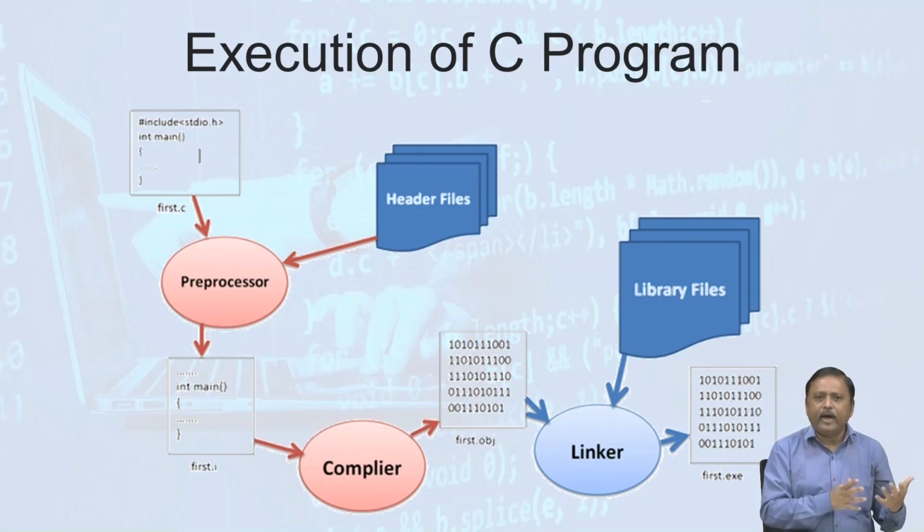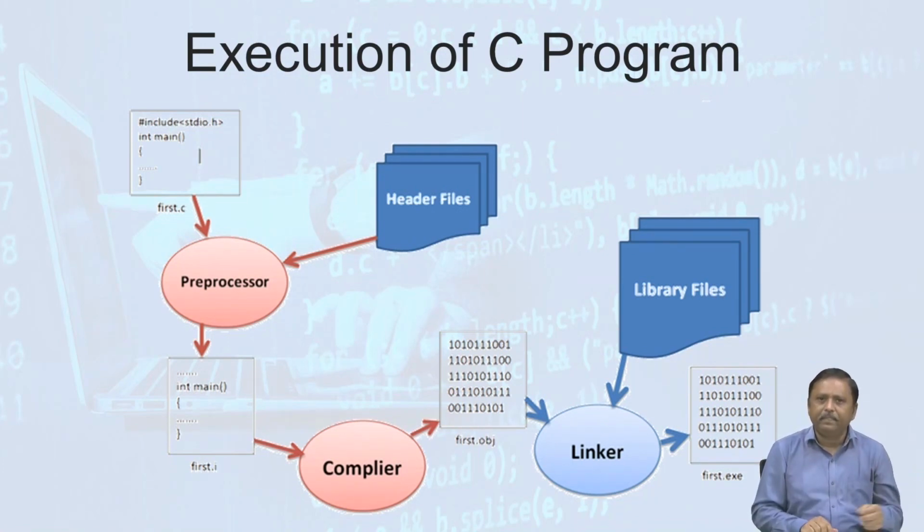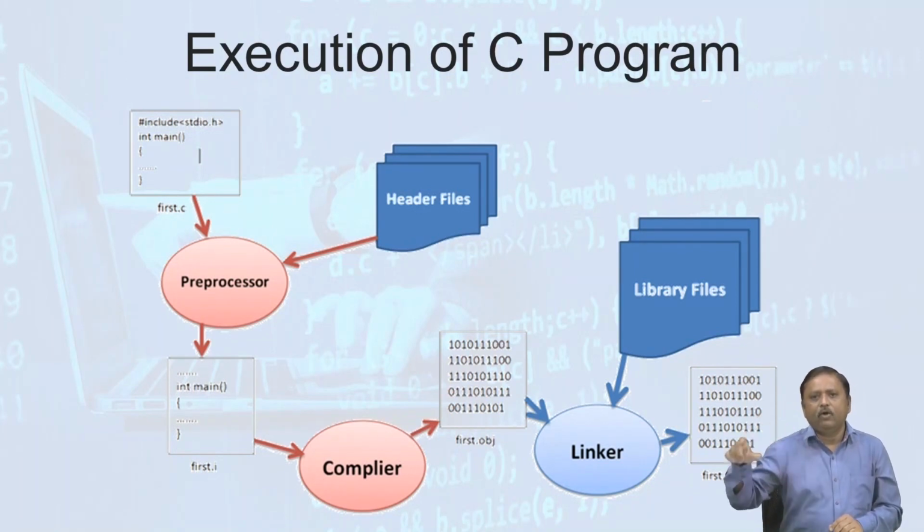So then you get your executable file, that is binary code, but with extension .exe. So when you compile your program, it generates an object file, and when you run, that object file is linked with whatever files you have used in your program, and is converted into an executable file, so that you need not bring anything other than this exe file, right?